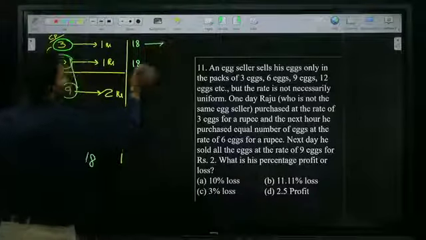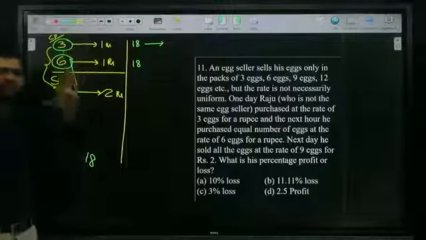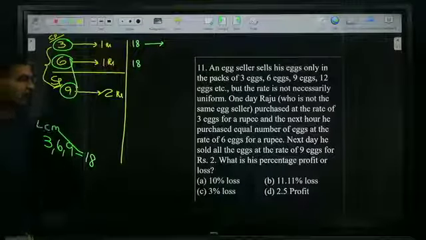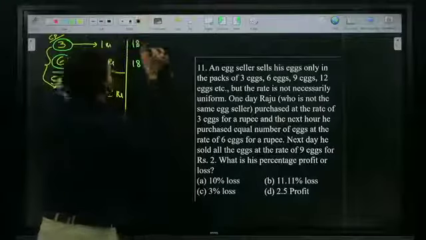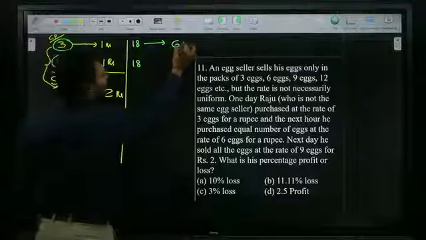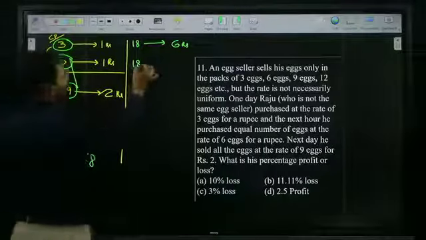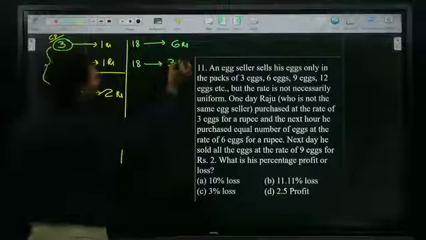So first market price is what? 3x is 1 rupee, then 18x is how much? 6 rupees. In second market, 6x is 1 rupee. Then 18x is how much? 9 rupees.